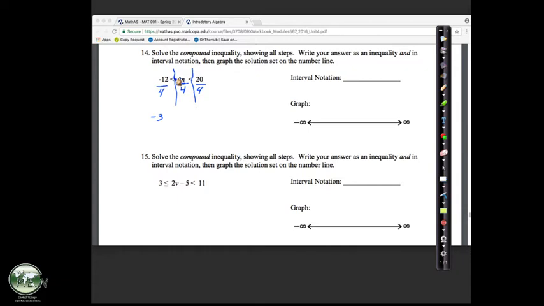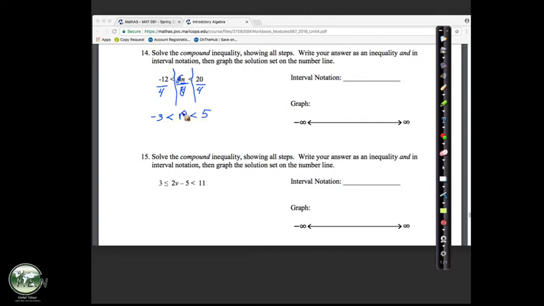The symbol is just the less than symbol, so I bring that down. If I take 4n divided by 4, what do I get? n. Just n, the 4's cancel. And if I take 20 divided by 4, I get 5. And again, I just bring the less than symbol down.